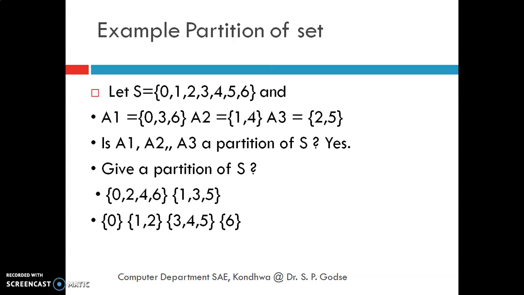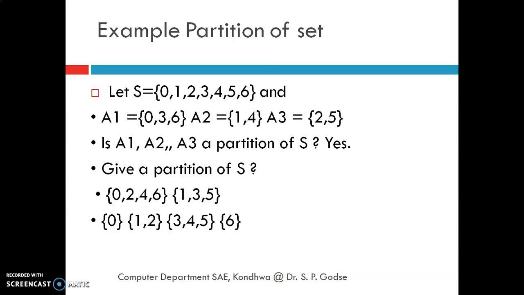If you take the intersection of any two subsets, that is A1 and A2, or A1 and A3, or A2 and A3, it gives phi. And if you take the union of all these subsets, A1 union A2 union A3, it will give the original set, that is S. So this is a partition of the given set S.